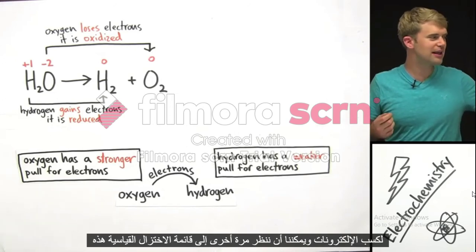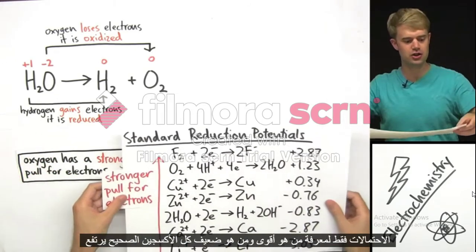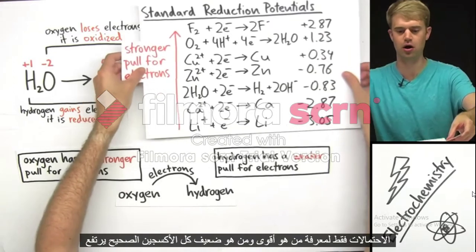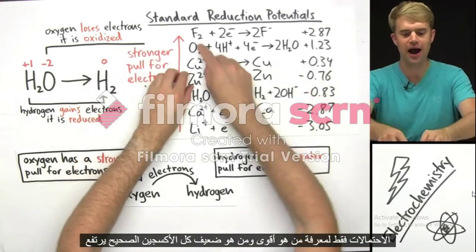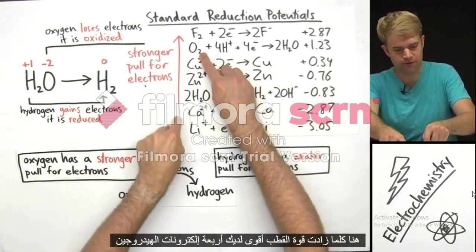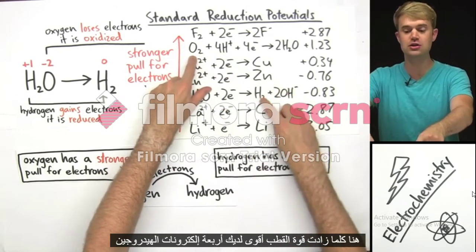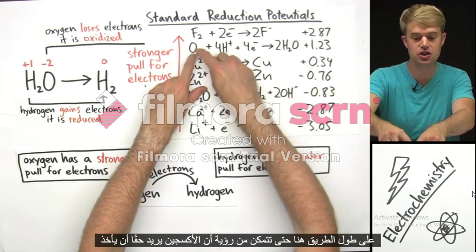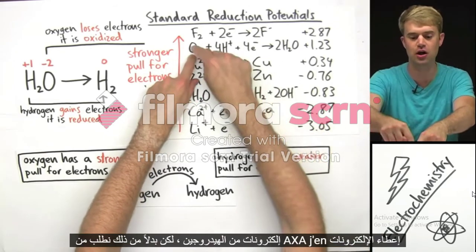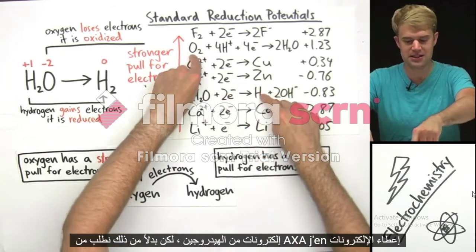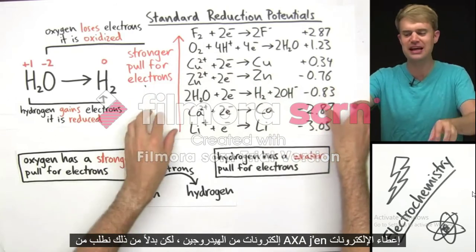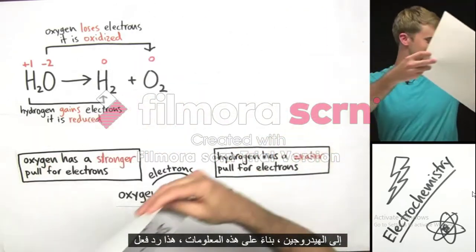We can look again at this list of standard reduction potentials just to see who's stronger and who's weaker. Oxygen is up here. The further up you are, the stronger pull you have for electrons. Hydrogen is all the way down here, so you can see that oxygen really wants to take electrons from hydrogen. But instead, we're asking oxygen to give electrons to hydrogen.